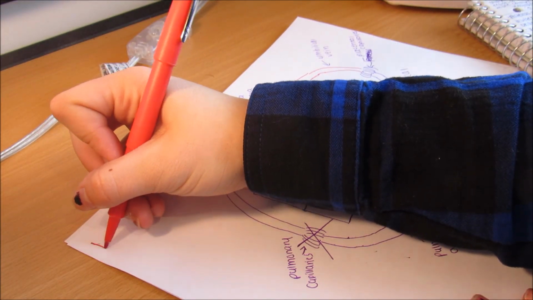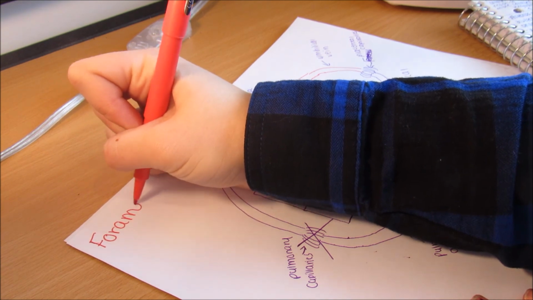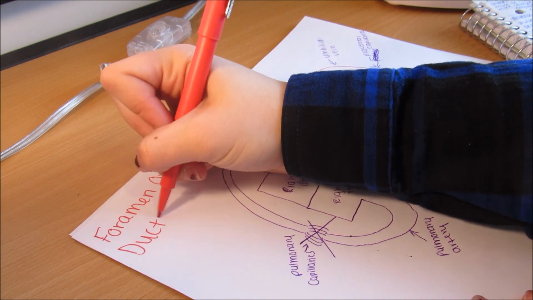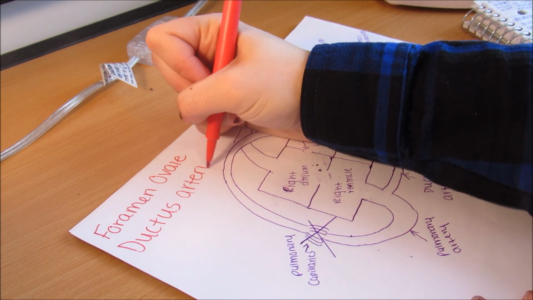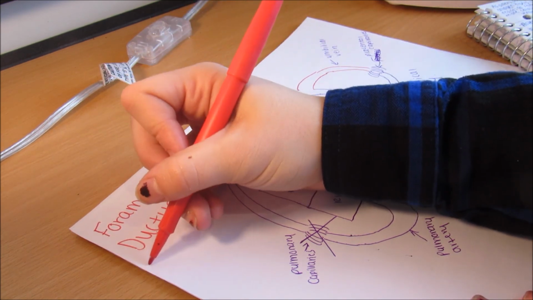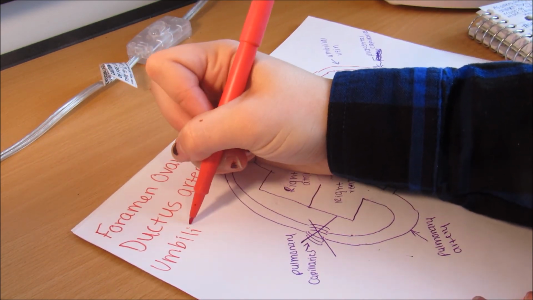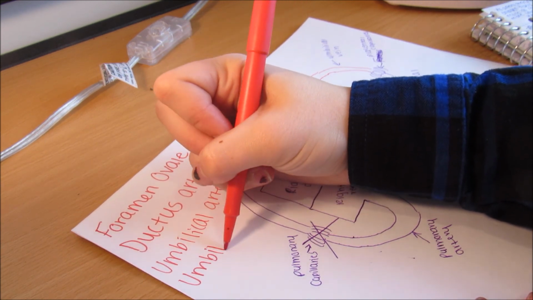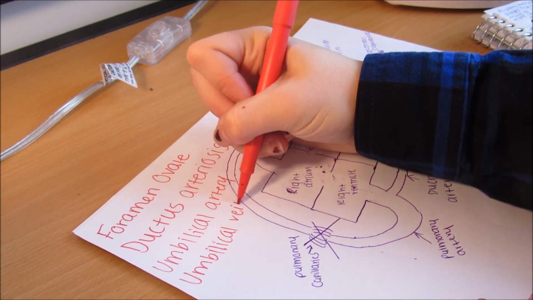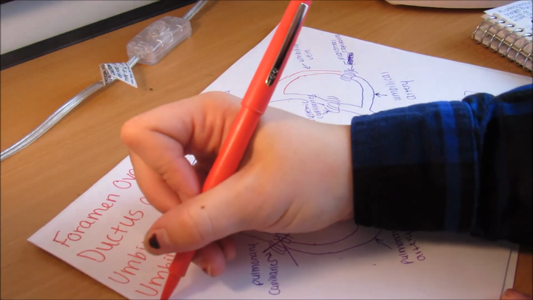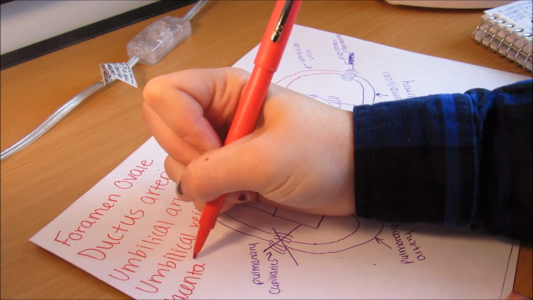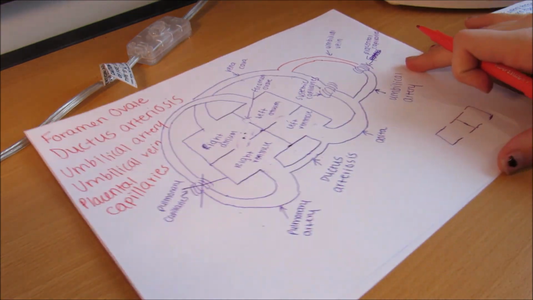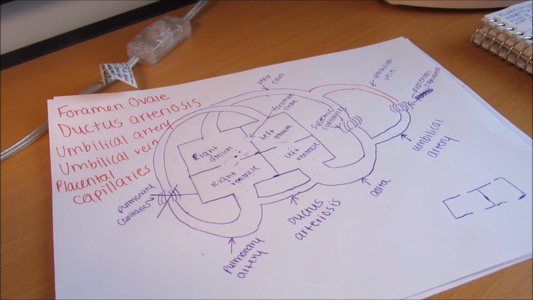We learned foramen ovale, ductus arteriosus, umbilical artery, umbilical vein, and placental capillaries. So these are the fundamental differences between the fetal circulation and the adult circulation.